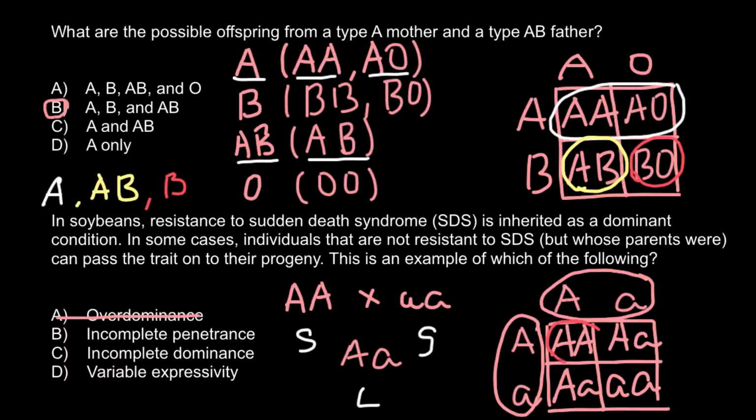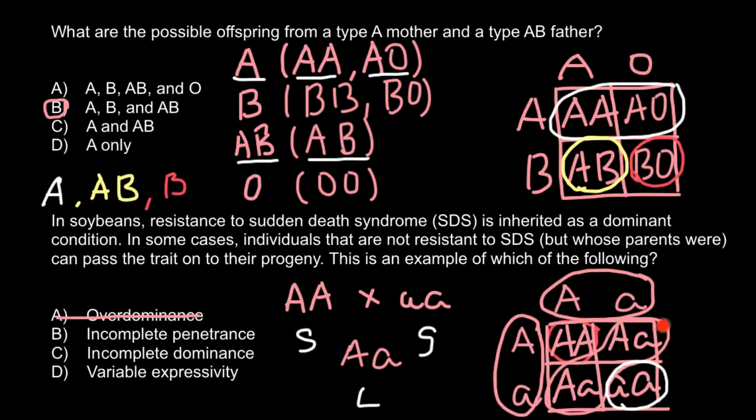Capital A capital A would produce plants with red flowers, and capital A small a would produce plants with pink flowers, and small a small a genotype would produce plants with white flowers. So unlike in simple Mendelian genetics, where heterozygous genotype would equal homozygous dominant genotype and phenotype, in simple Mendelian genetics with simple dominance we would see that these three genotypes would make one phenotype.